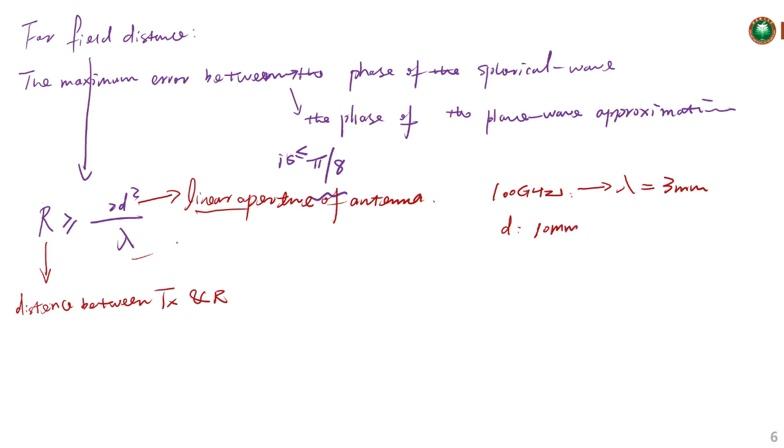We take it into this equation, and it's 10 squared divided by 3 millimeters, which is around 66.6 millimeters. So for 100 gigahertz with a typical horn antenna, I think it's WR3, if the transmitter and receiver distance is larger than 6.6 centimeters, it operates in the far-field region, and we can take the electromagnetic waves to be plane waves.